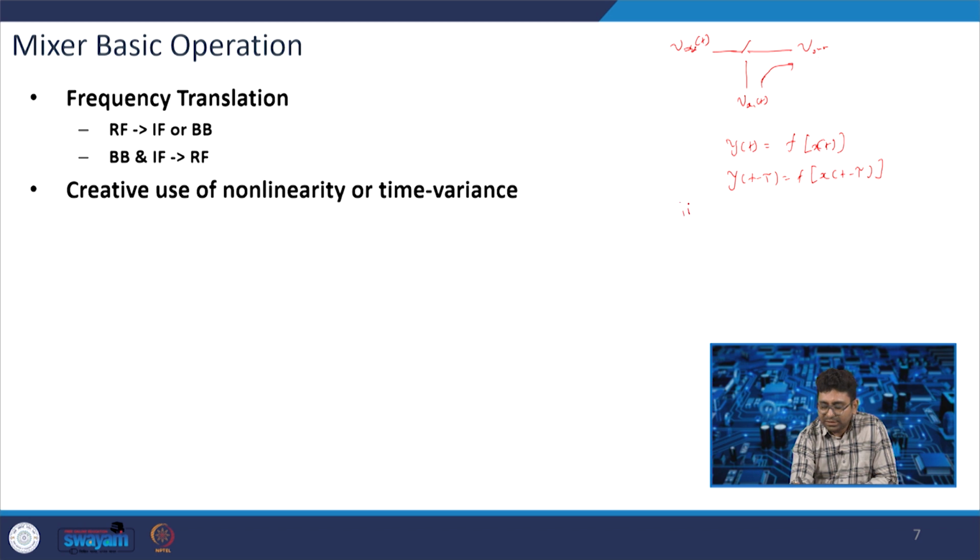So, if we consider Vx1 as an input to Vout, then what we get is that our system is non-linear, and it is time variant.